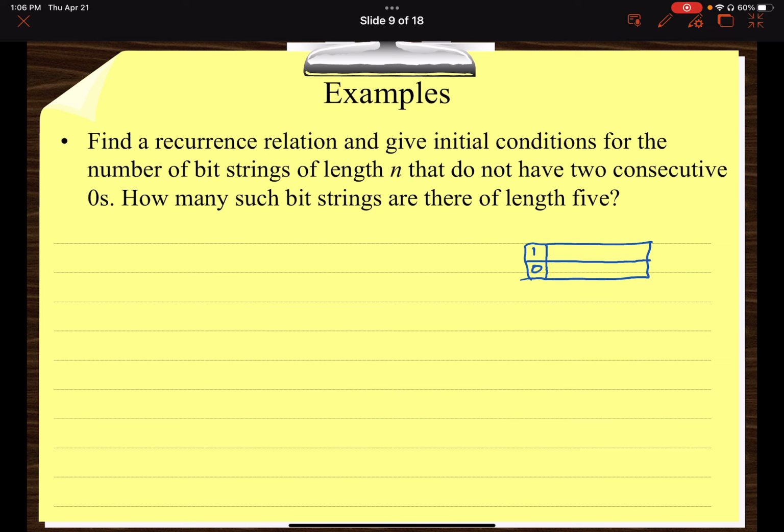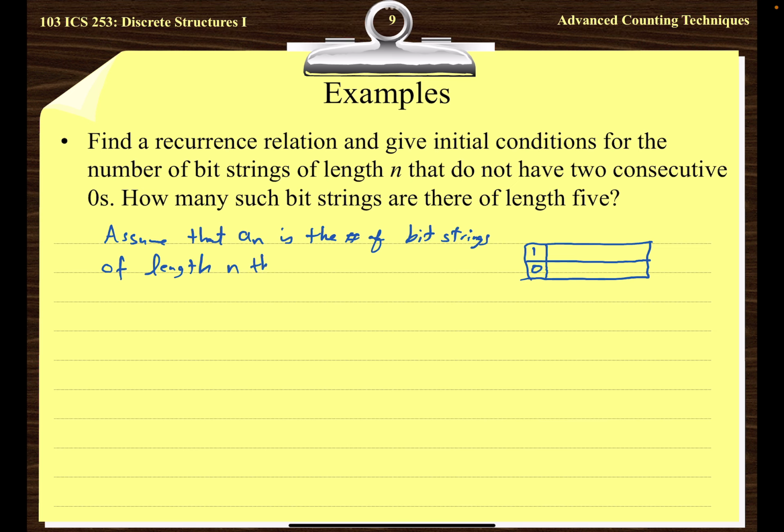So let us assume that an is the number of bit strings of length n that does not have two consecutive zeros.